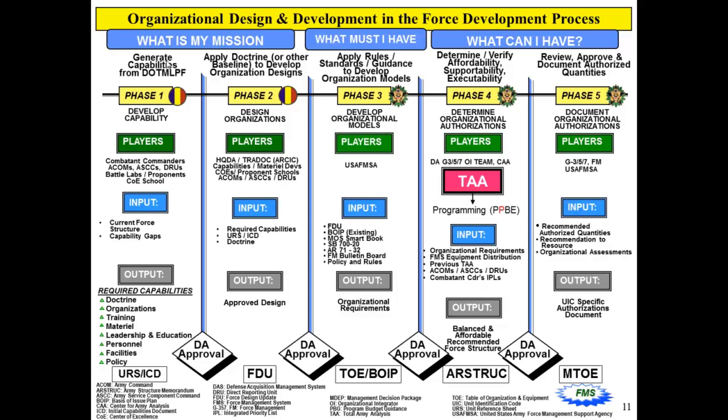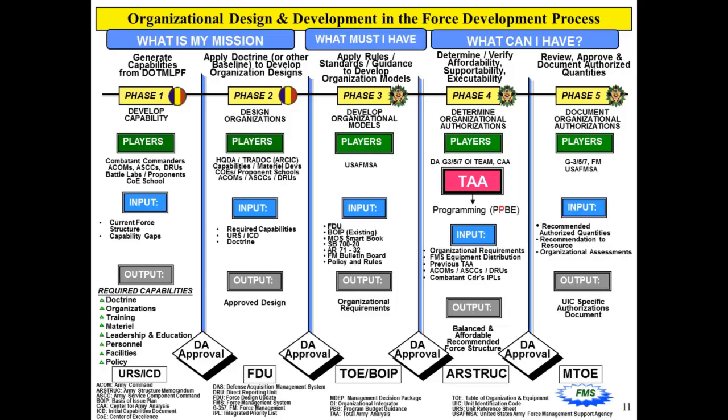This is what the phases do. So the first phase generates capabilities from DOTMLPF-P solutions. The second phase applies doctrine to make sure that all of our rules are applied and meets everything we want it to do in the future. The G3 then applies all the rules and standards of workload. You must have X amount of mechanics per vehicle.